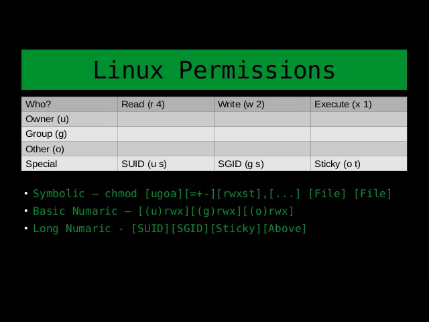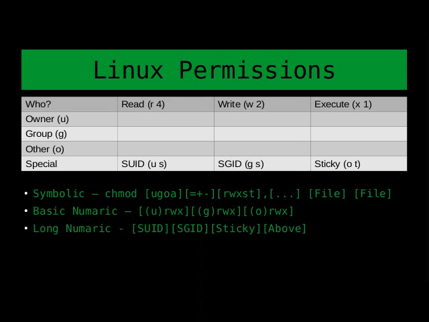You also have a primary group that you're a part of, and for any new files that you create, that's the default group that it's going to set as the group on that file. And then you've also got additional groups that a user can be a part of.